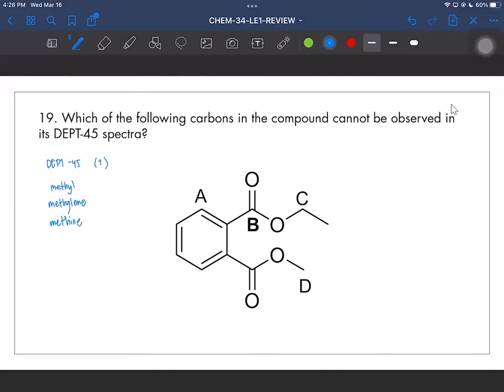It cannot measure quaternary carbons, or yung carbons that have no hydrogen. And so if we look at these carbons that are in the choices, A is a methine carbon, C is a methylene carbon, D is a methyl carbon, and B is a quaternary carbon. We cannot find the quaternary carbons at DEPT 45. So our answer would be letter B.